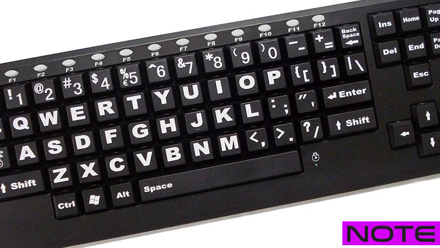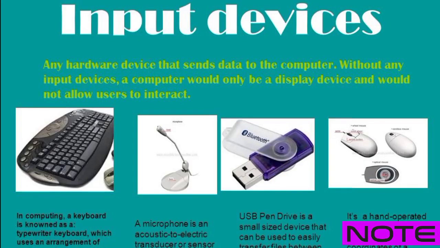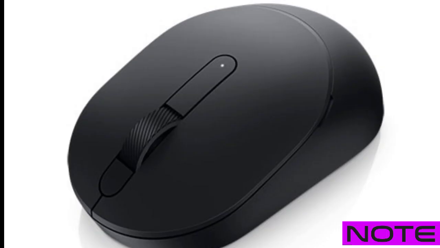After the keyboard, the mouse is the next most useful input device. It is a point and click input device which is used to point and select any item on a graphical user interface, called a GUI.